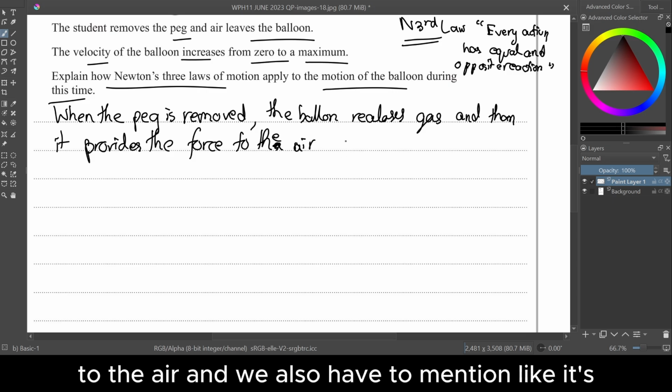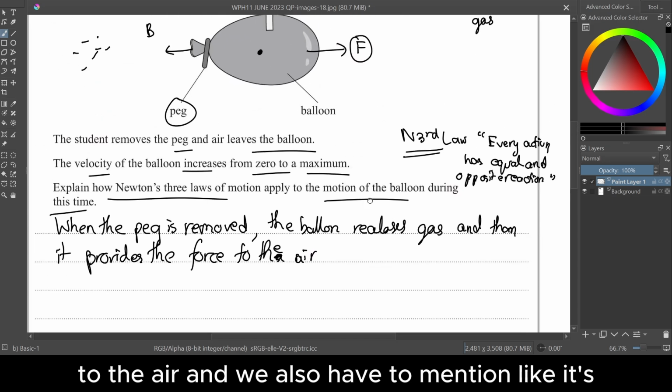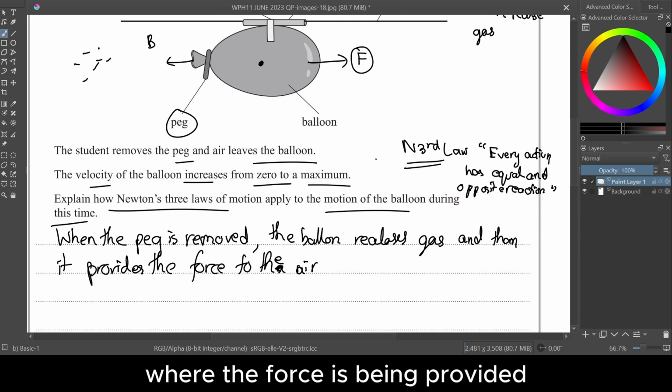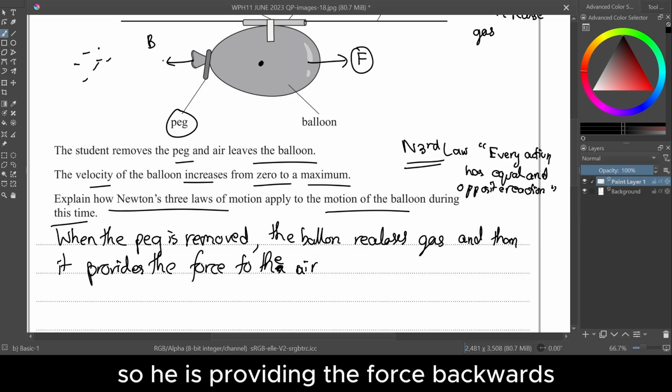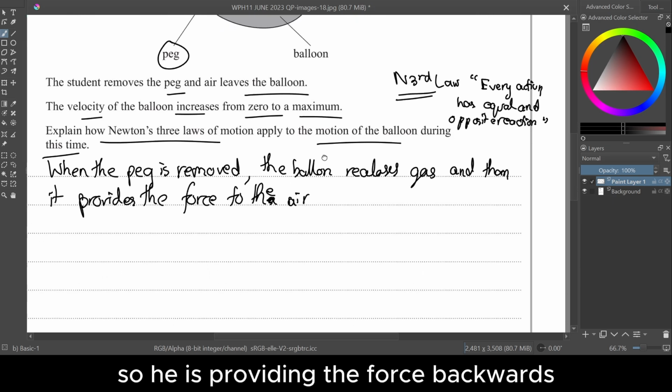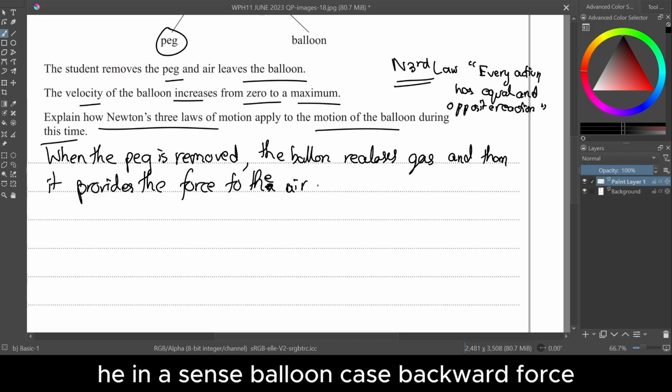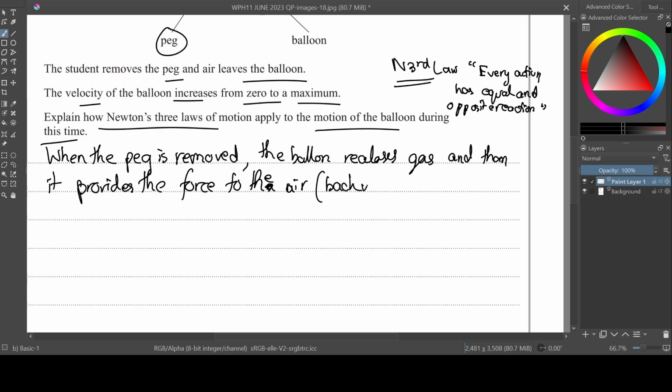And it's better to mention the direction in which the force is being provided. So the balloon is providing a backward force.